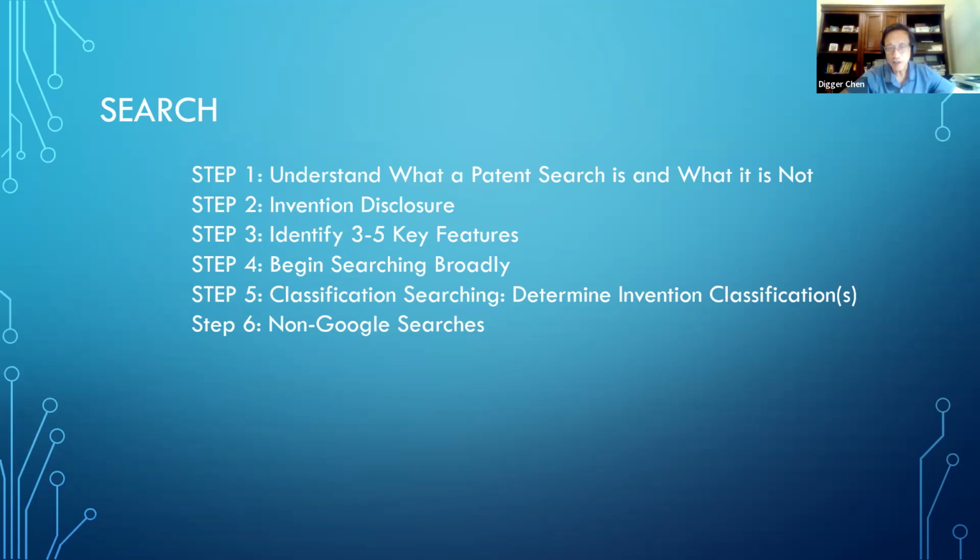First of all, you have to understand what a patent search is and what it is not. Basically, what we do in a patent search is not only search patents, you search very broadly, like a Google search, for anything published or public about this. Not only patents, but also articles, papers, abstracts, anything.